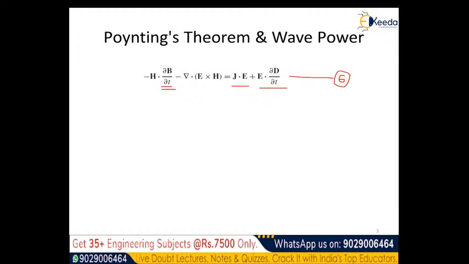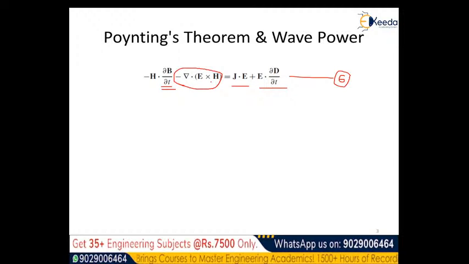We can also have the modified representation of the same equation taking negation of del operator having the scalar product with the bracket that has cross product of E and H, electric field intensity and magnetic field intensity here.